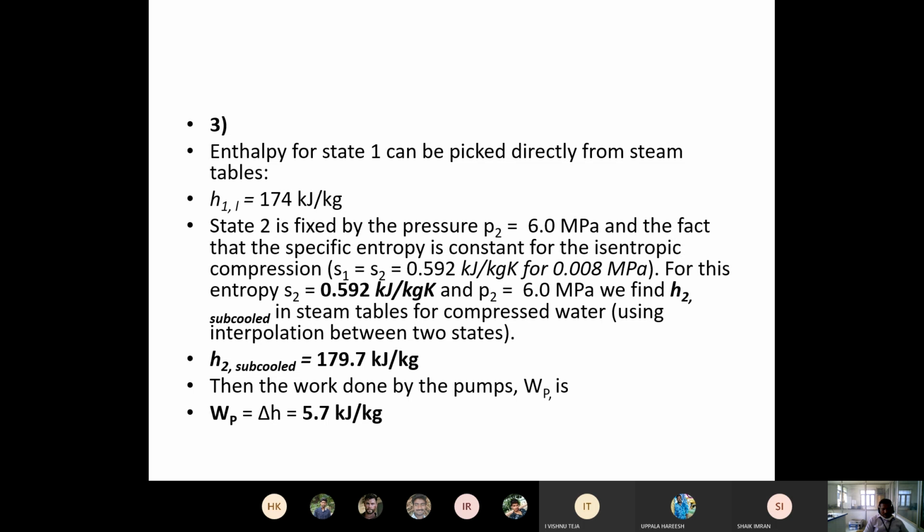So are you following? H2 minus H1, 179.7 minus 174. If we calculate it, we will get 5.7 kilojoules per kg. This is nothing but the work done by the pump.